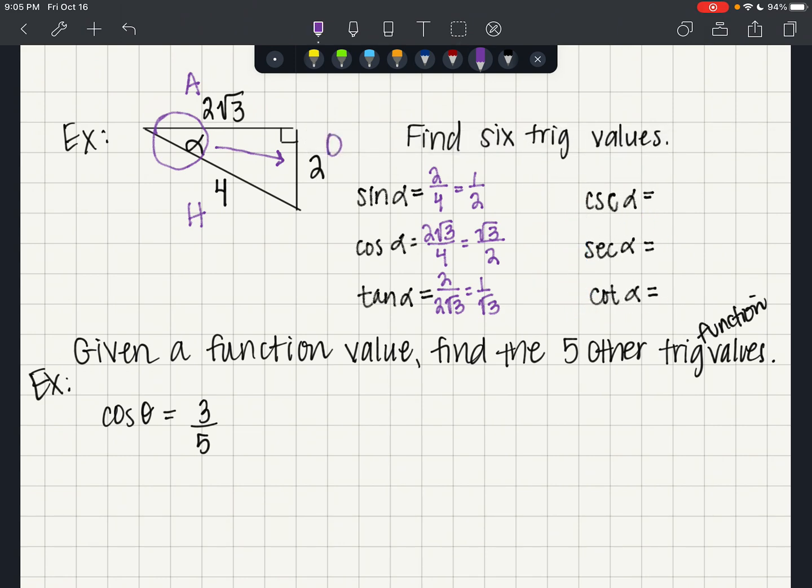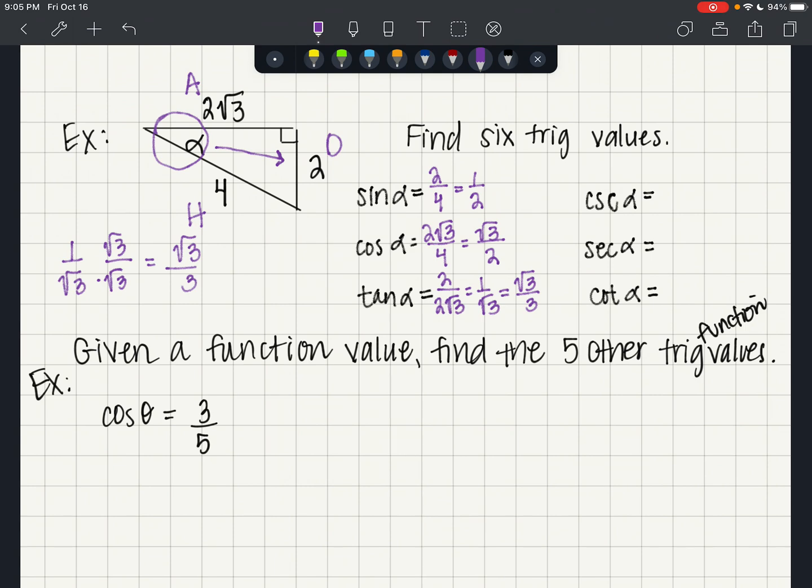Because the 2's cancel. And then if we rationalize this, it's the square root of 3 over 3. So I'm going to rationalize this real quick. You multiply the numerator and the denominator by square root of 3 over square root of 3 so that your denominator becomes rational.